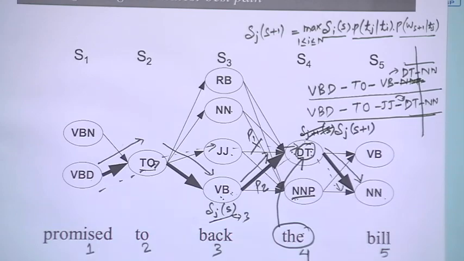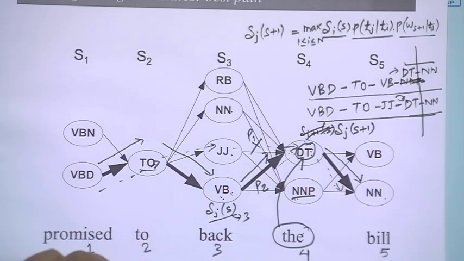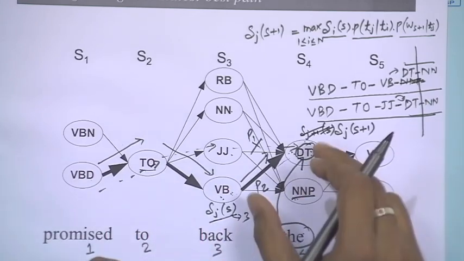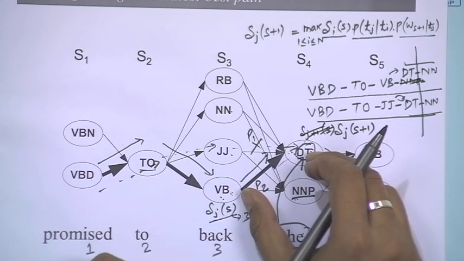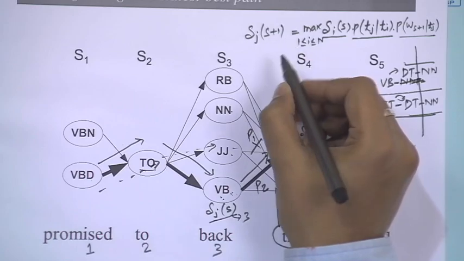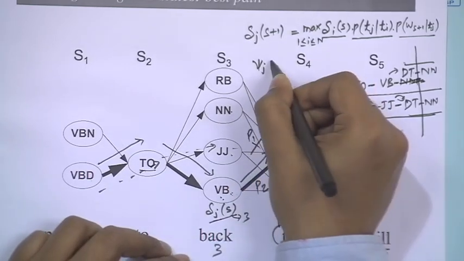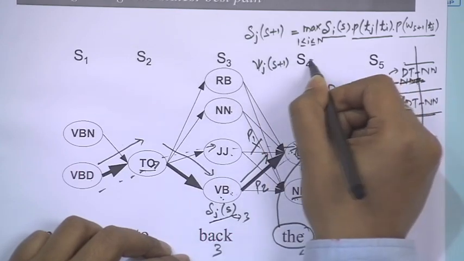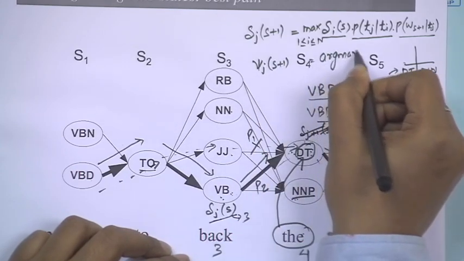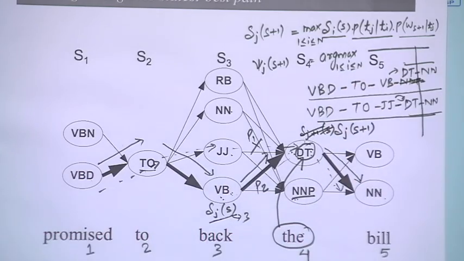Suppose out of these 4 I found this is the best path. I would also like to store the best predecessor. This is nothing but the argmax of this function. I call that psi_j_(s+1), that is the argmax of the same function. That is what I am also storing, and that's how this will continue.